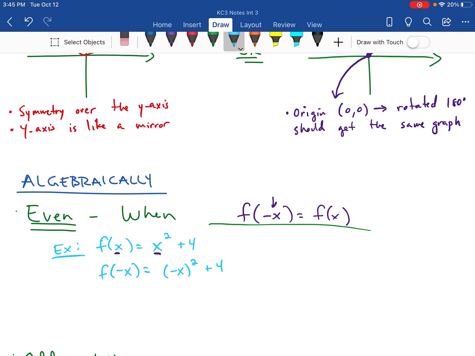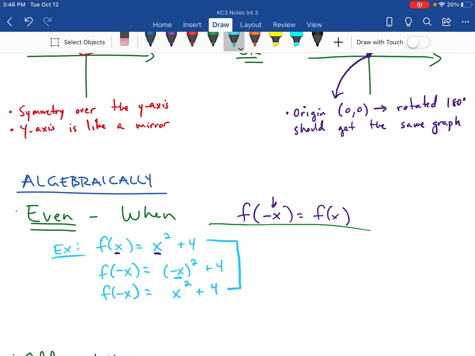Okay, so we already know that when you square a negative number, a negative times a negative will give you a positive. So this will simplify to just a positive x squared plus the 4, because nothing happened with that 4. So if you notice, the original function f of x is equal to x squared plus 4.